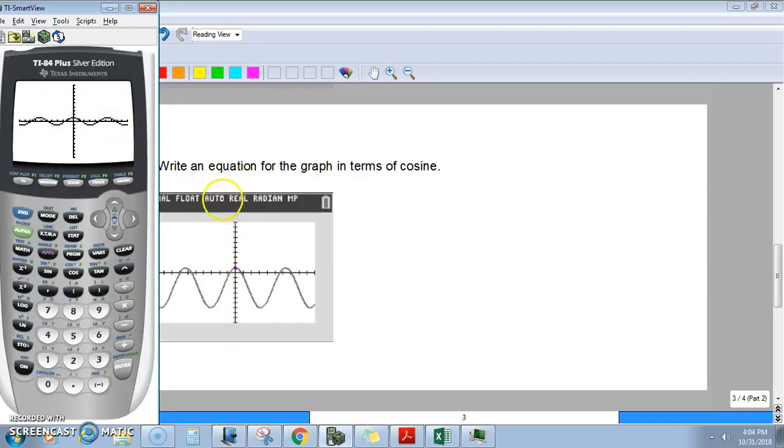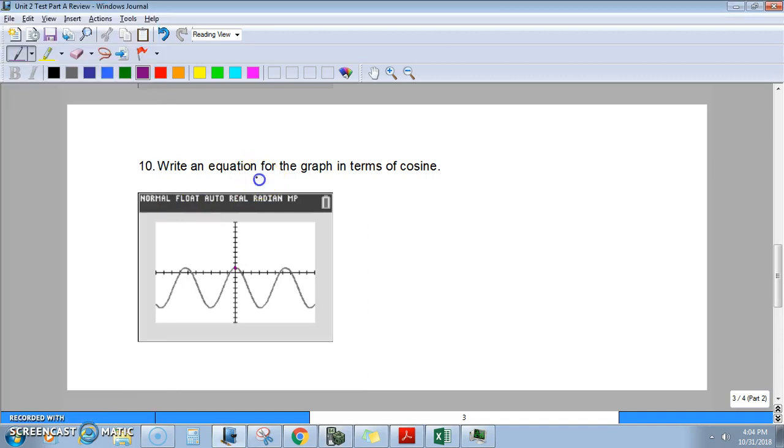So it does look like it's been stretched and shifted. So let's see. It looks like we've got to figure out halfway. So 1, 2, 3, 4. So this is halfway.